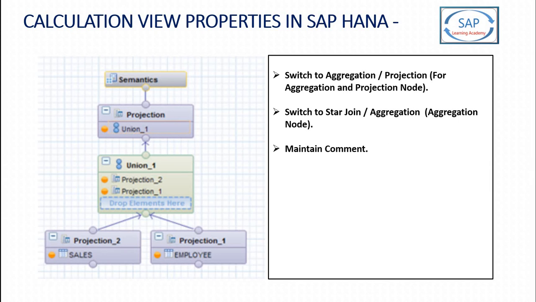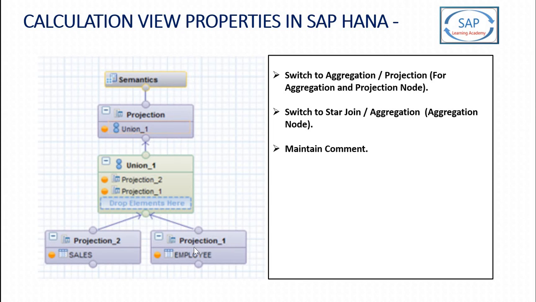The next is maintain comment. It is a very vital feature and it is available in all the nodes in calculation view, whether it's a projection, union, join, aggregation, or star join, or even semantics. You can always maintain a comment. It is very important for reviewing the code or even for maintenance.